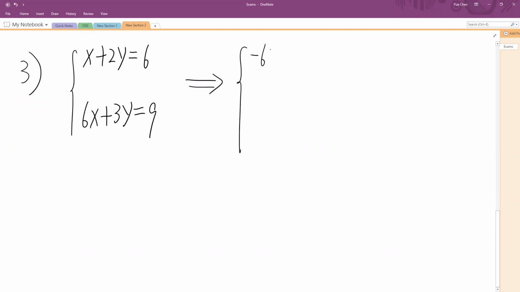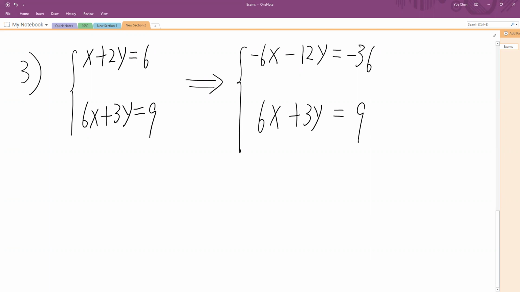So negative 6x minus 12y equals, keep in mind, you multiply by negative 6, okay? Sometimes students know to multiply by negative 6, but later when they calculate, it becomes 36. No, keep in mind you are multiplying by a negative 6, so it's negative 36. And 6x plus 3y equals 9.